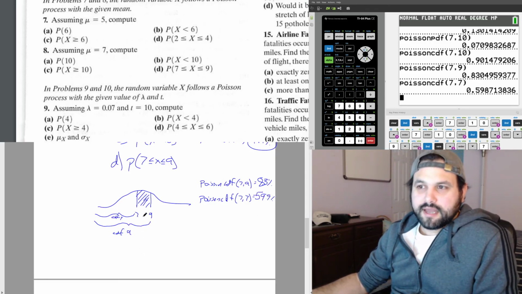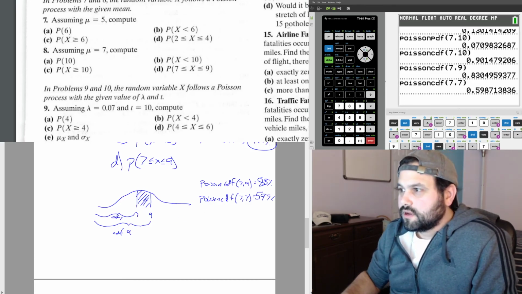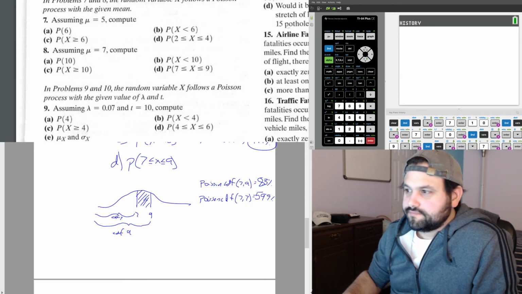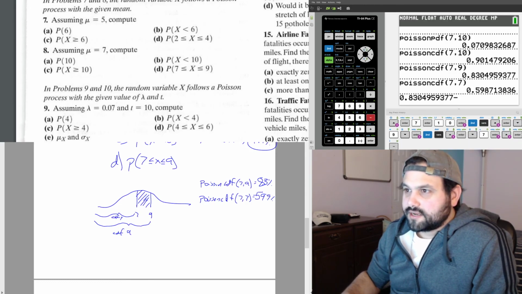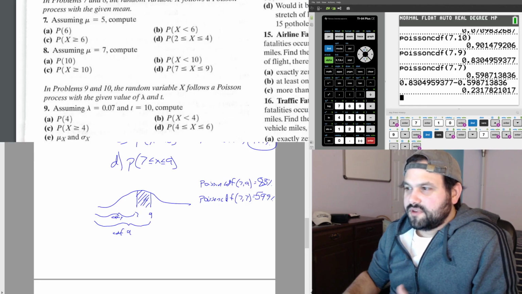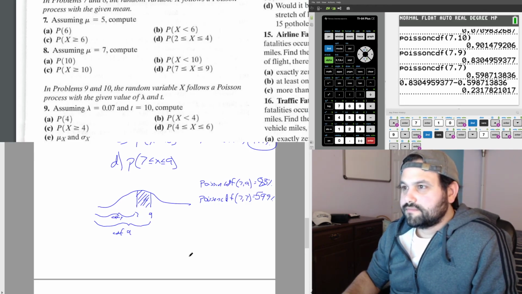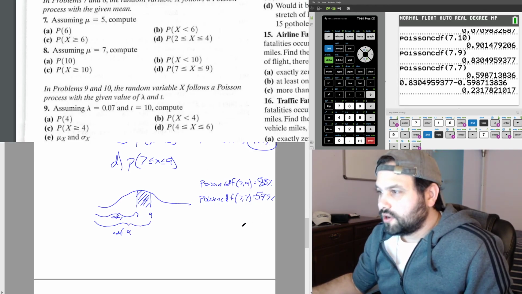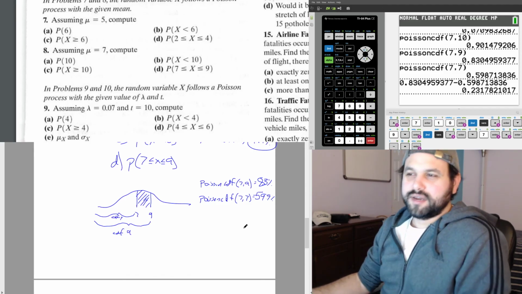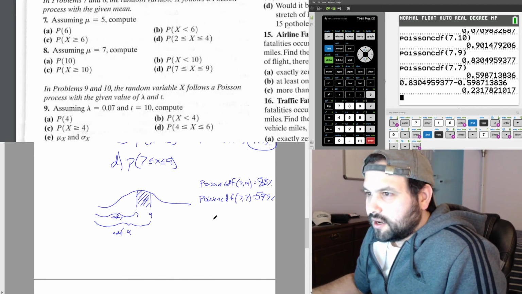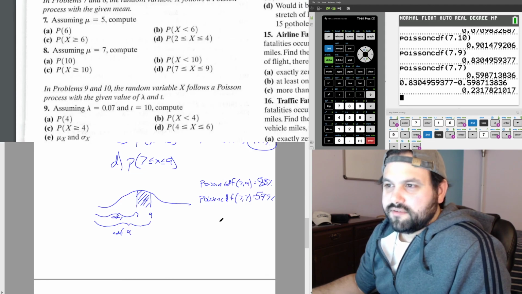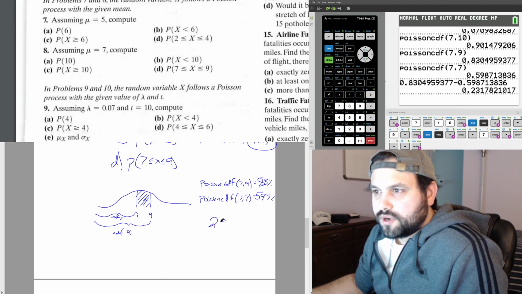Okay, now we do this idea where we're just going to subtract the two. So I'm going to grab that, and I'm going to subtract that. And that gives me about 23.2%. So depending on when we rounded, we might get a different answer, but hopefully something very close to 23.2%.